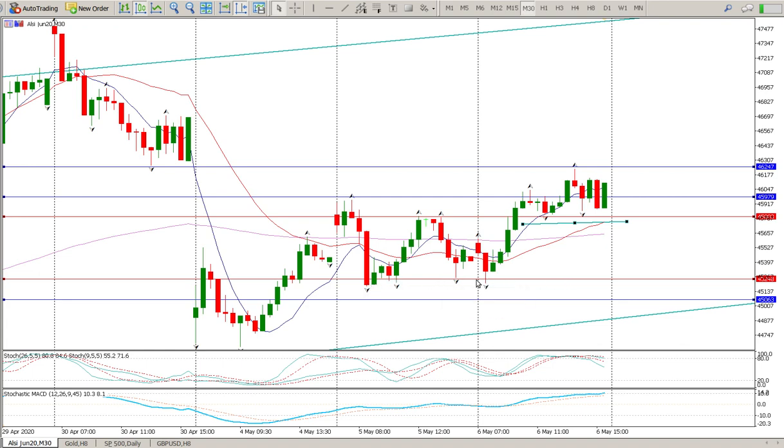So that area is definitely what we need to get below, but then we've got this massive daily level here, which is 45,063. This one here is 45,248. So 45,250 is another line in the sand that we need to pay attention to.